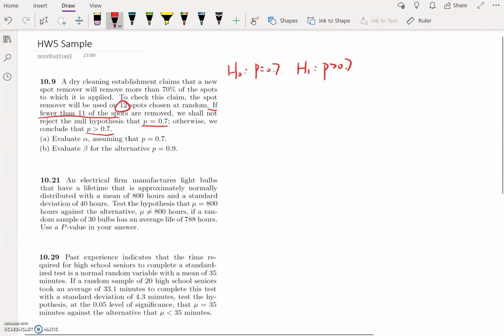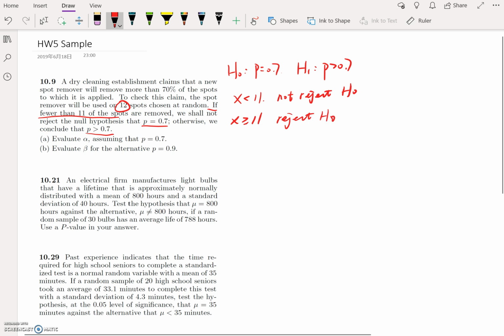Which means if x less than 11, then do not reject H0. Otherwise, x greater than or equal to 11, then we reject H0.